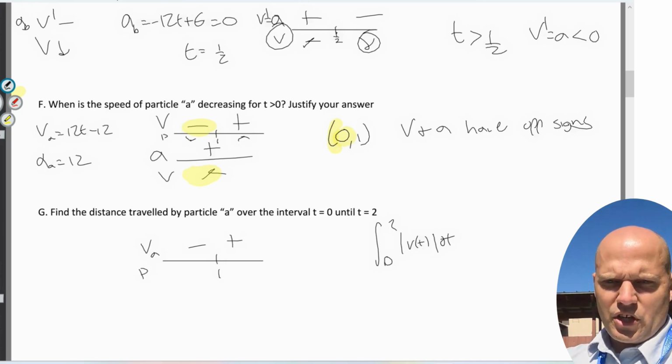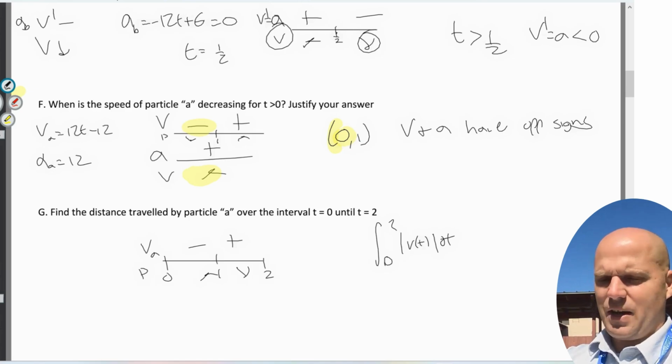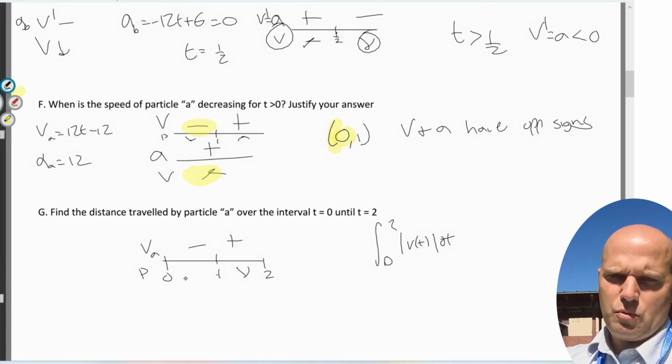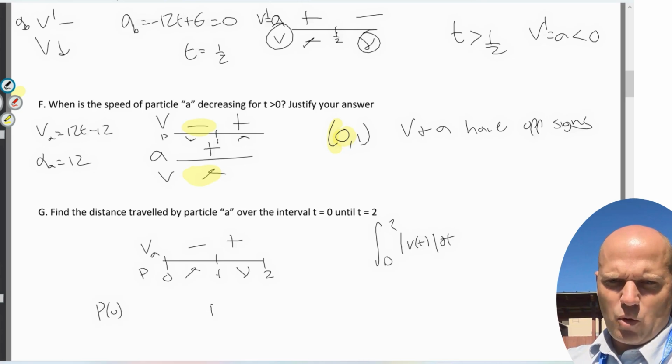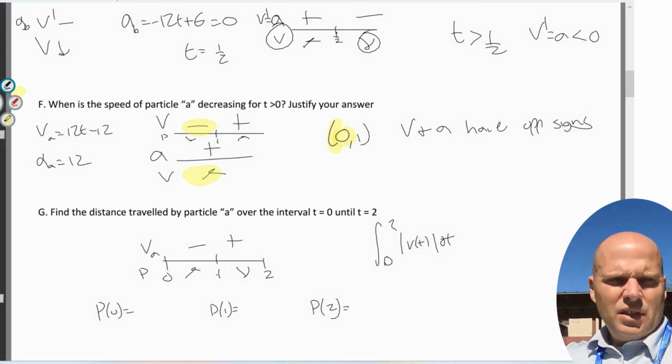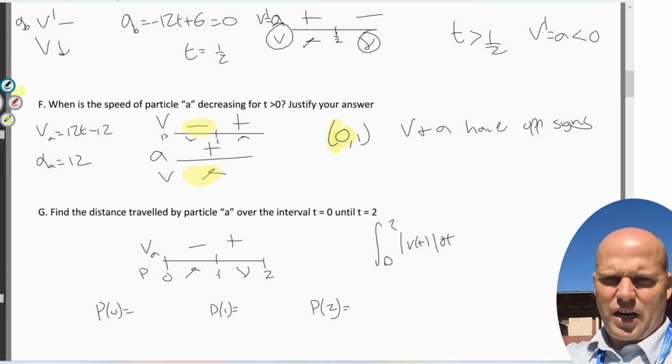Which means your position decreases, then increases. Your goal is to figure out how much it decreases and how much it increases, or find your displacements, like accumulate your velocity. You need your position at time 0, time 1, and time 2. Then you'll be able to tell how your position is changing, your displacements, and the distance traveled.